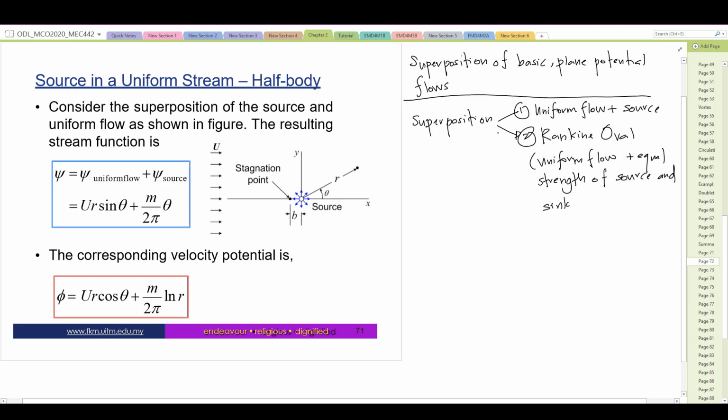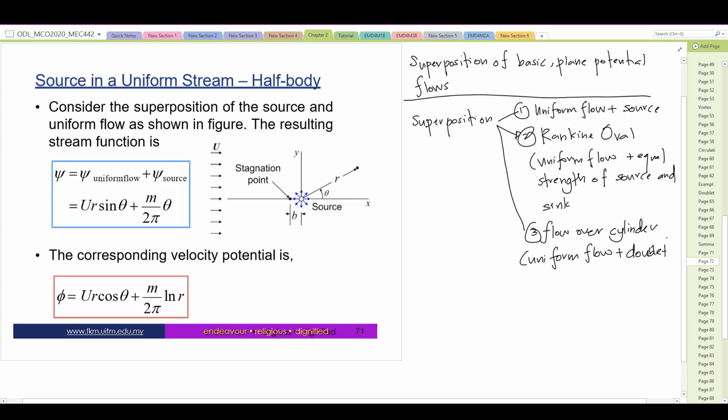And then the last one is flow over cylinder. For the flow over cylinder, it is a uniform flow plus doublet.